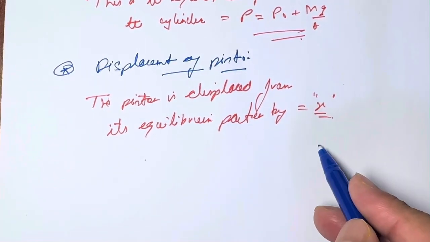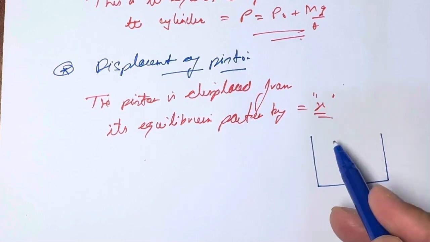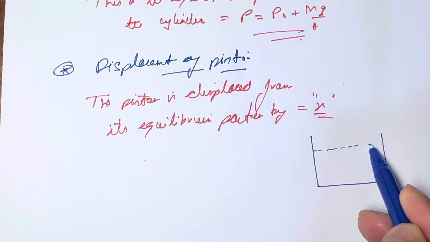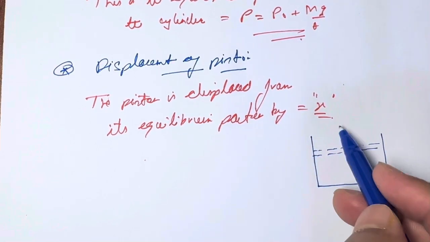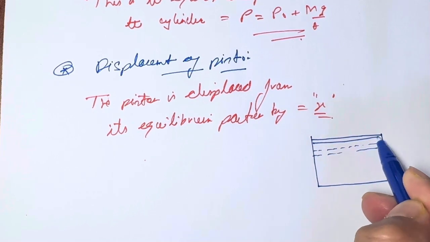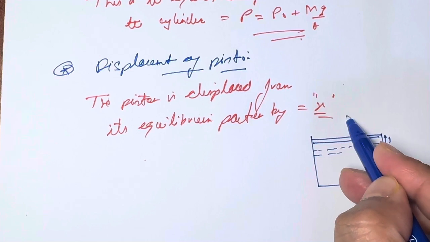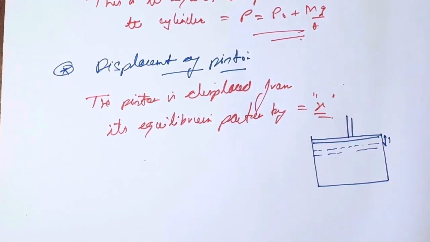Now we assume that the piston, which was having this as its initial position, is moved up a little bit by distance x. So this is our movement of the piston towards the outward direction.